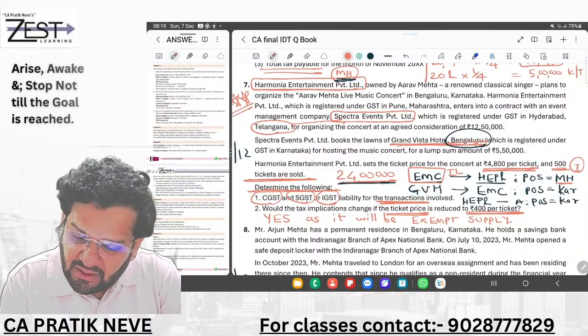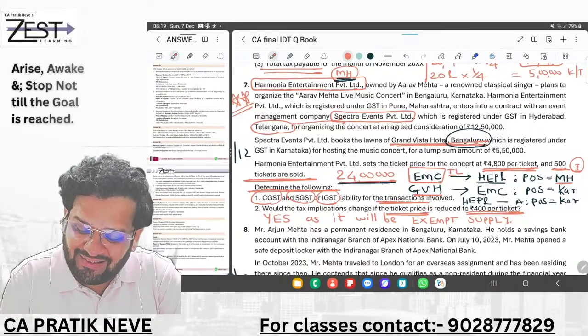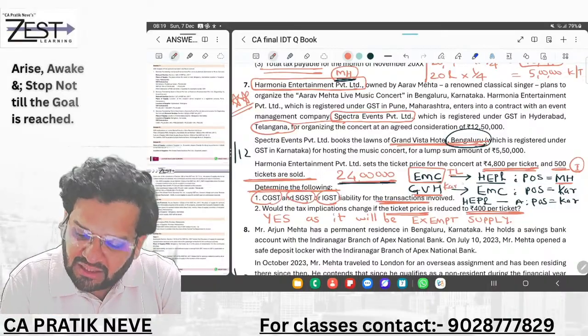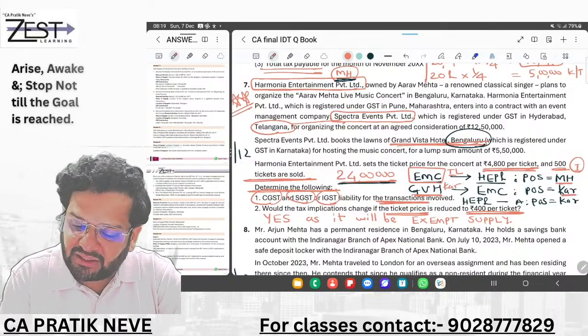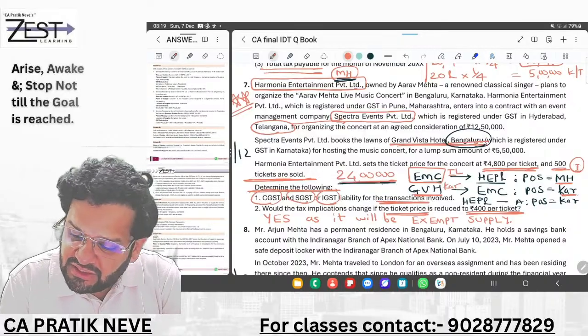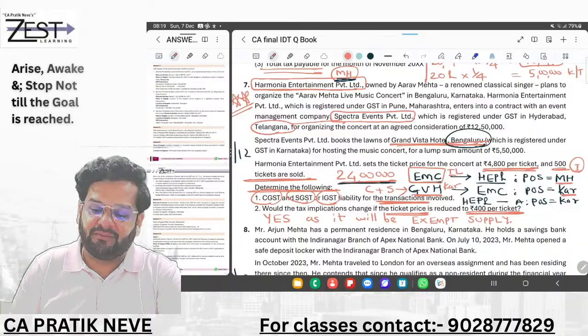Second case, GVH, that is the Grand Vista Hotel, they are also in Karnataka. Location of supply Karnataka, place of supply Karnataka, there will be CGST plus SGST in the second transaction.